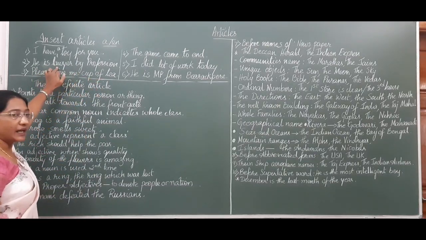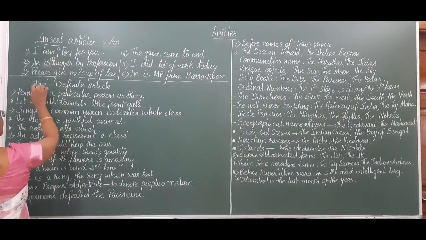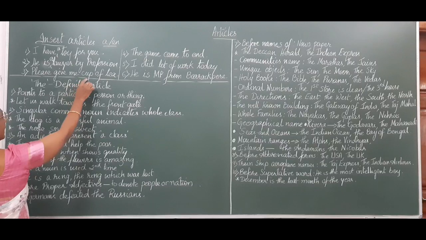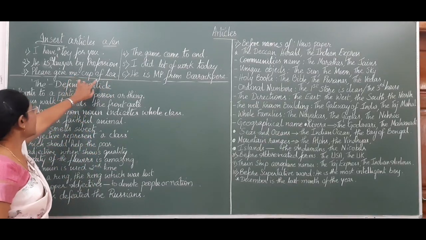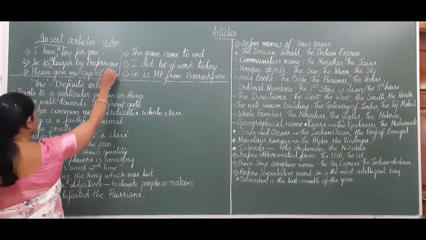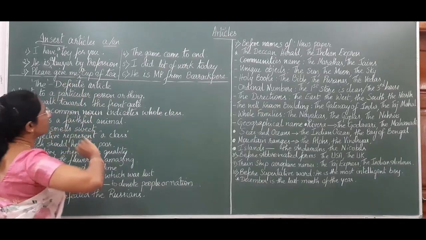He is a lawyer by profession. Please give me a cup of tea. So there is a noun here and you are referring to the tea, so it is a cup of tea.